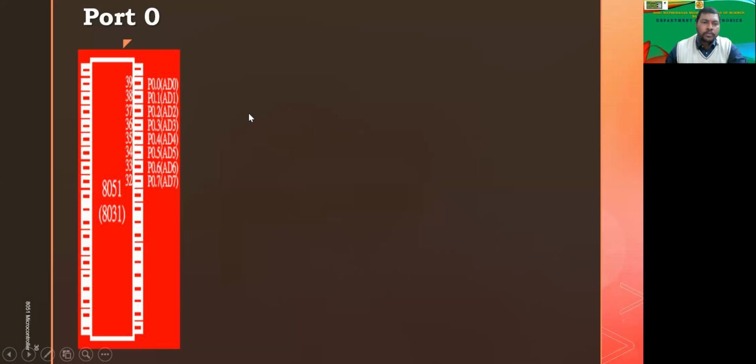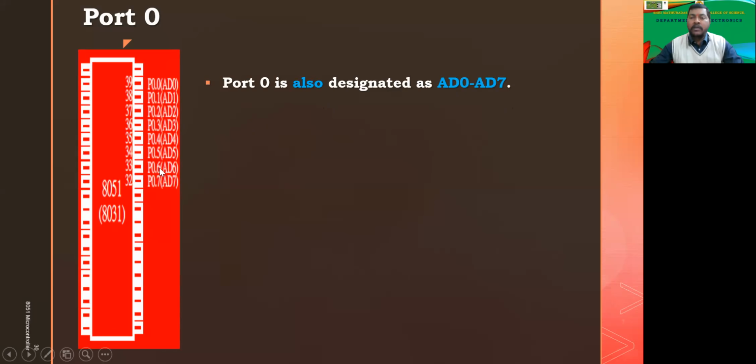So port 0 is also designated as AD0 to AD7. Now, what does AD0 to AD7 mean? It is connected to the address, as well as it is used to read the data or write the data in the microcontroller. So P0.0 to P0.7 is basically used for two purposes.